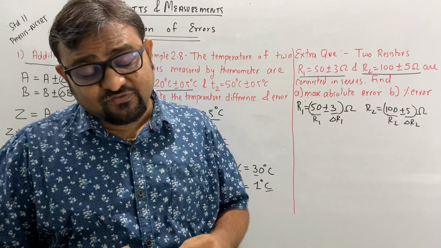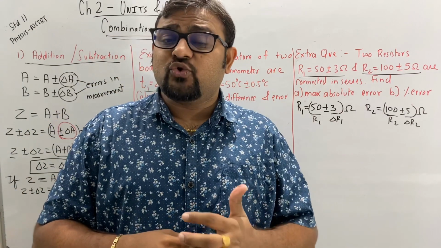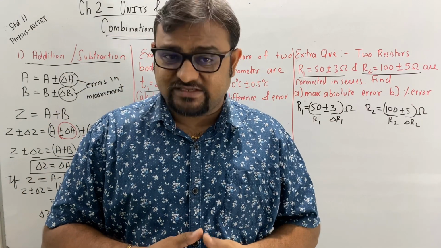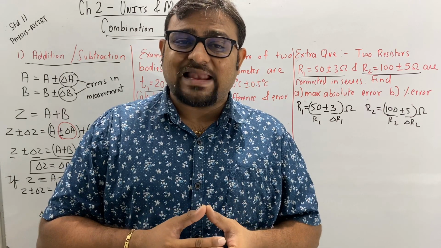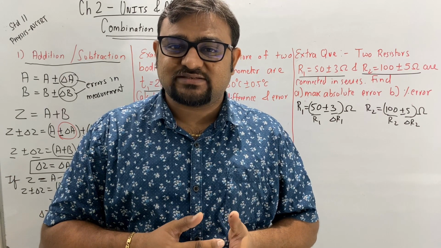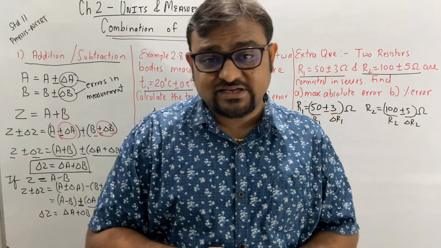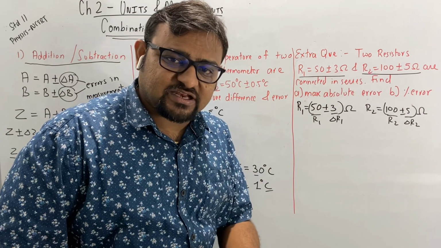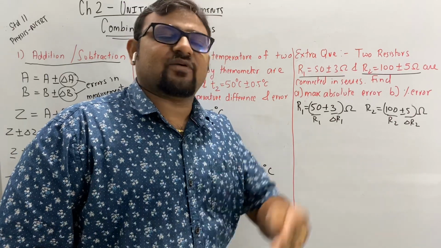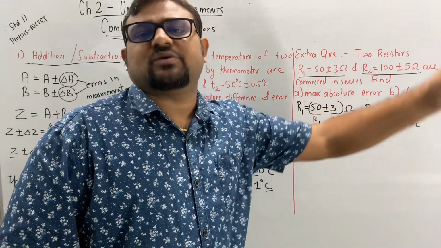Now, what is the formula when two resistors are connected in series? What is the formula for equivalent resistance? The formula for equivalent resistance is the summation of them. It means if five resistors are connected, then R will be equal to R1 plus R2 plus R3 plus R4 plus R5.